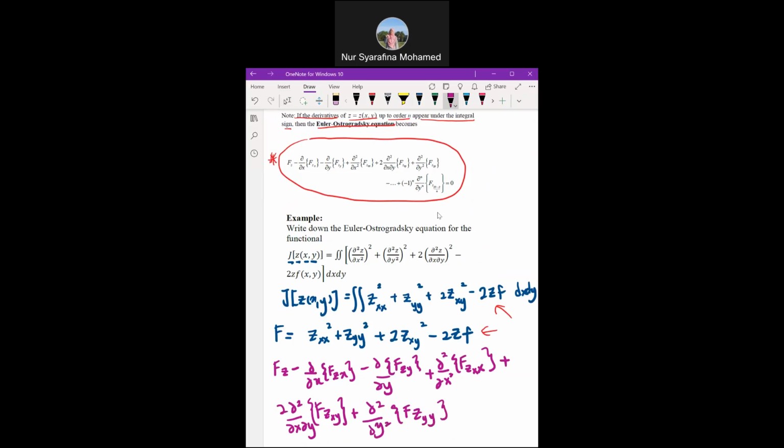Because we have up until second order, with two variables of second order, we stop at del squared del y squared of fzyy equals 0.